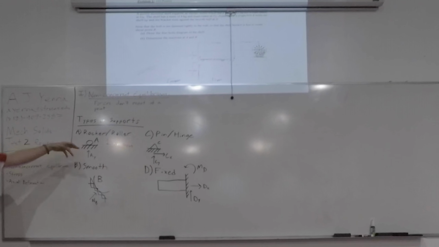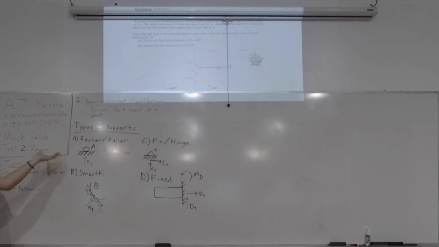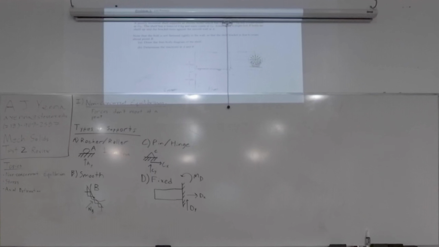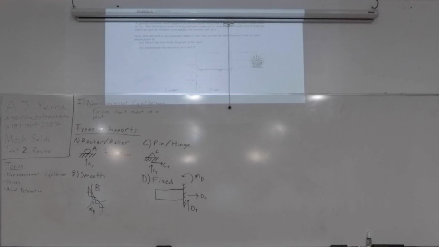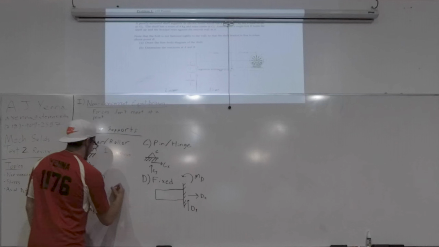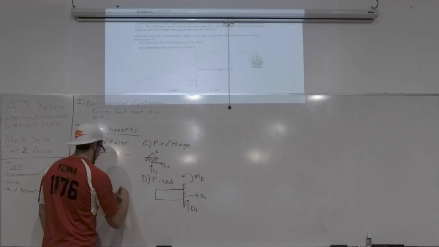If you see this symbol, or if they say in the problem there's a roller at point A, you have one unknown, and later in the problem you'll have to solve for AY at some point. The next type is smooth, which you don't see very often, but it's the same exact thing as the roller. You have a point B, and you have a force going perpendicular to that point. So again, same as the rocker and roller, there's only one unknown.